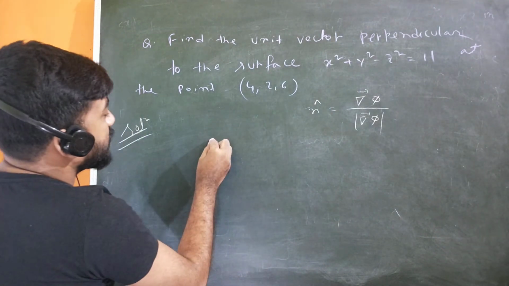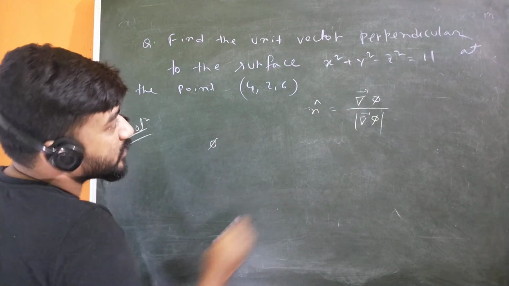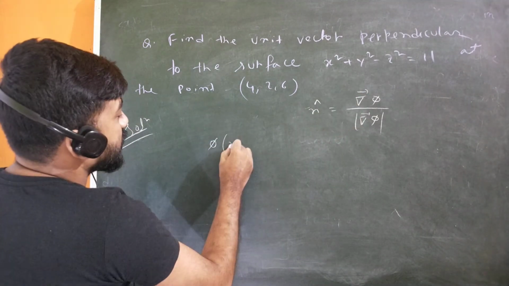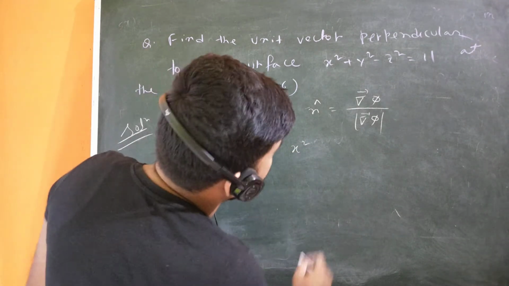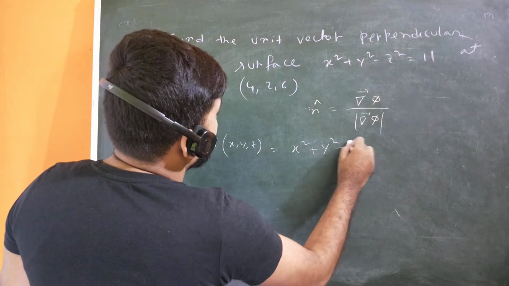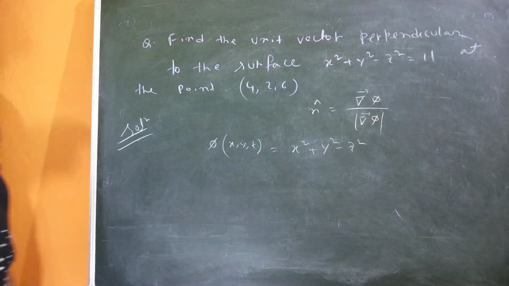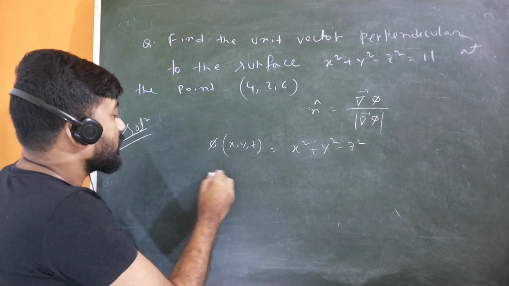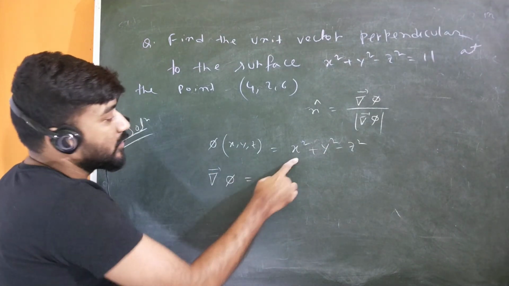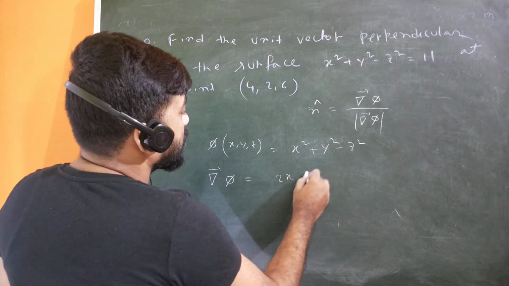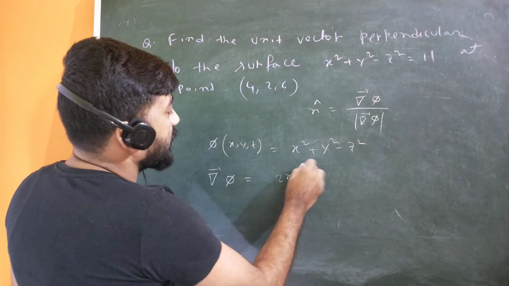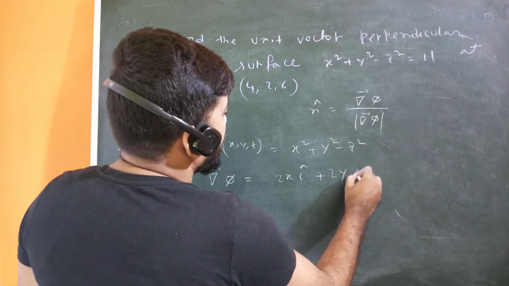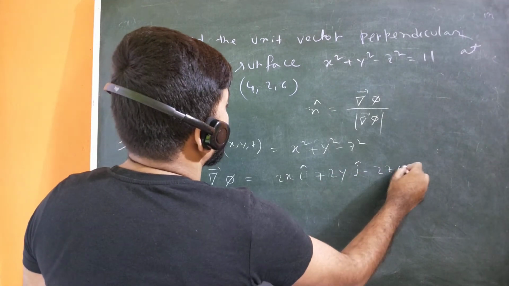Okay, so now what is phi? You can write phi xyz is equal to constant. Here the constant is 11, and you can define phi xyz as x square plus y square minus z square. Okay, it's minus z square, yes. So what is grad phi? It will be del phi del x, that is 2x i cap, plus 2y j cap minus 2z k cap.